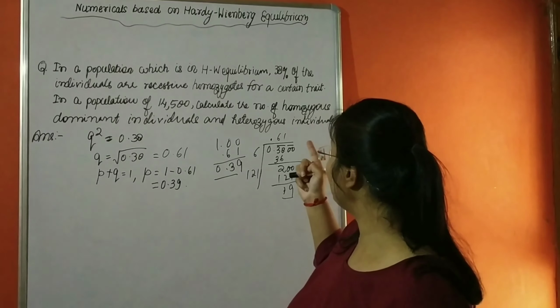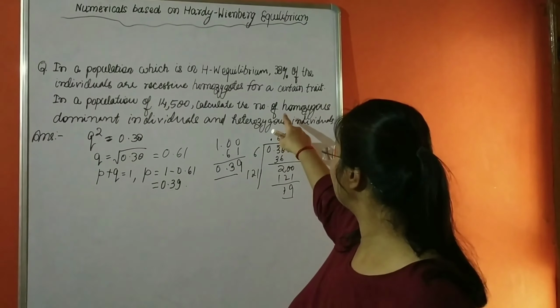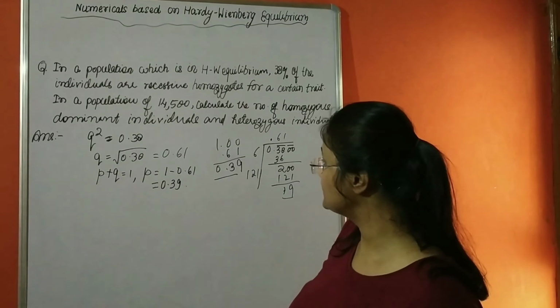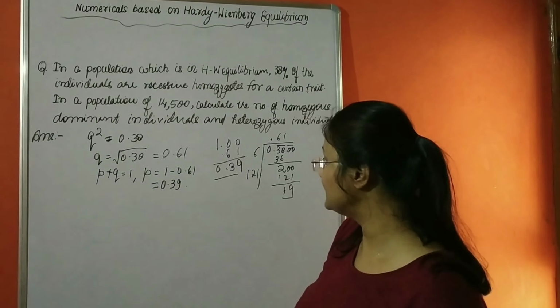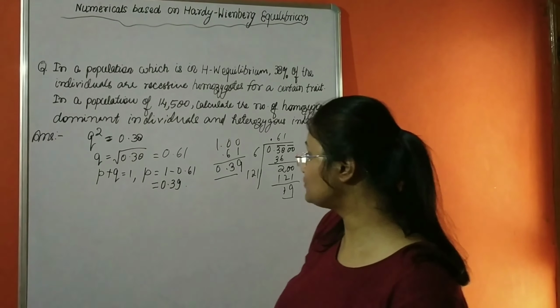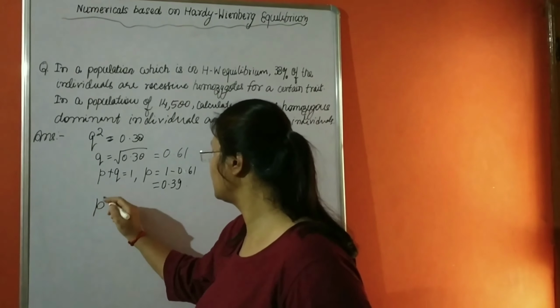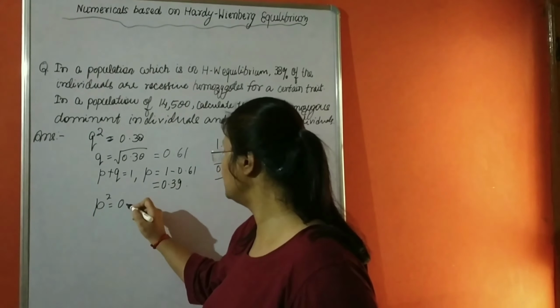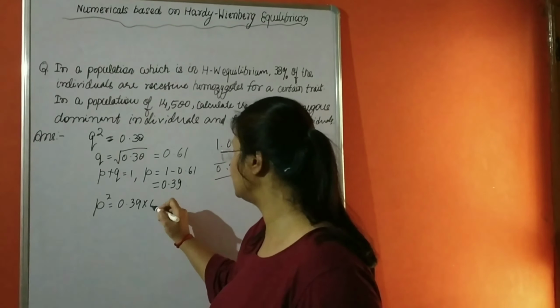Now we need to calculate the number of homozygous dominants. So homozygous dominants will be p square, 0.39 into 0.39.